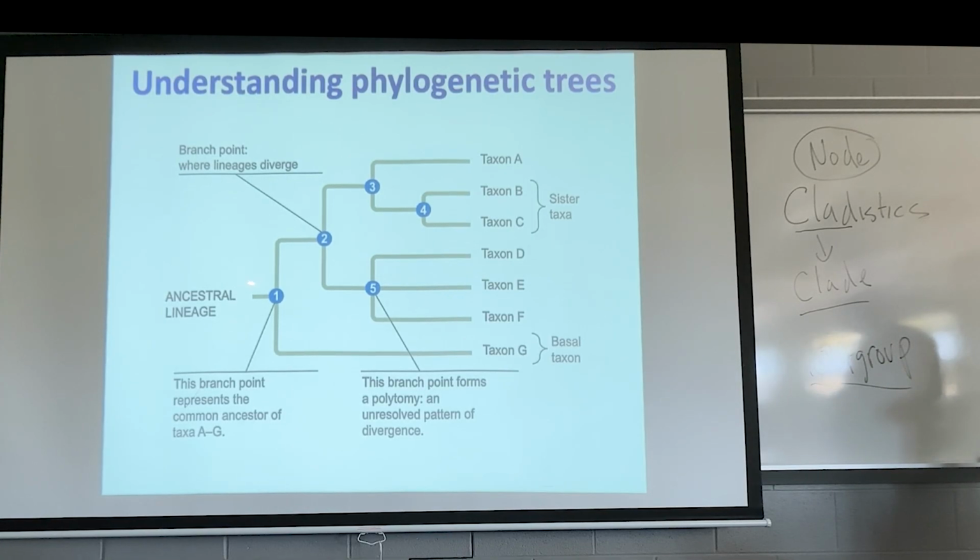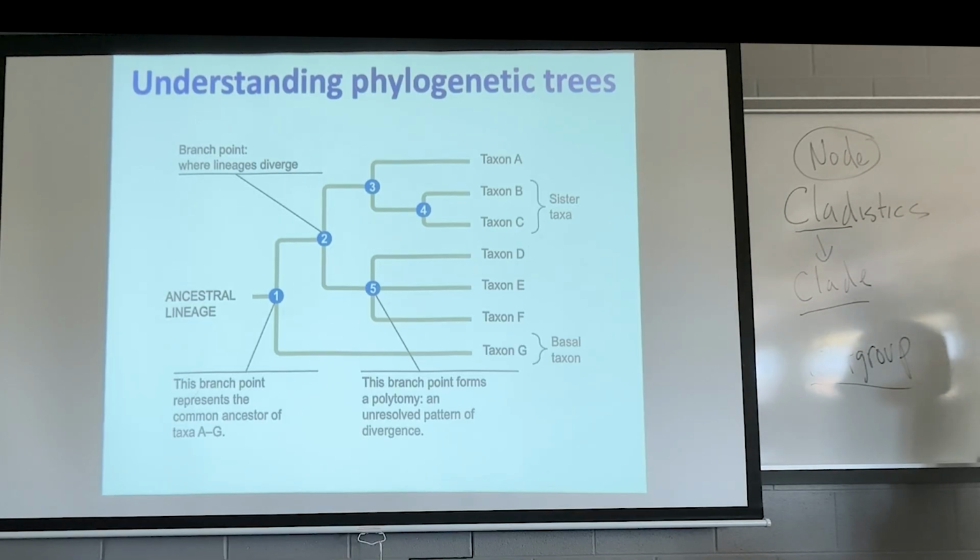All right, we're going to define what those traits are and what they look like as we go through the lecture. So branch points can be different lengths depending on time of divergence or how much they differ from taxa to taxa. But as you follow the branching, notice it's dichotomous, right? So this common ancestor 2 is going to give rise to 2 branches, which are common ancestor 3 and common ancestor 5, right?